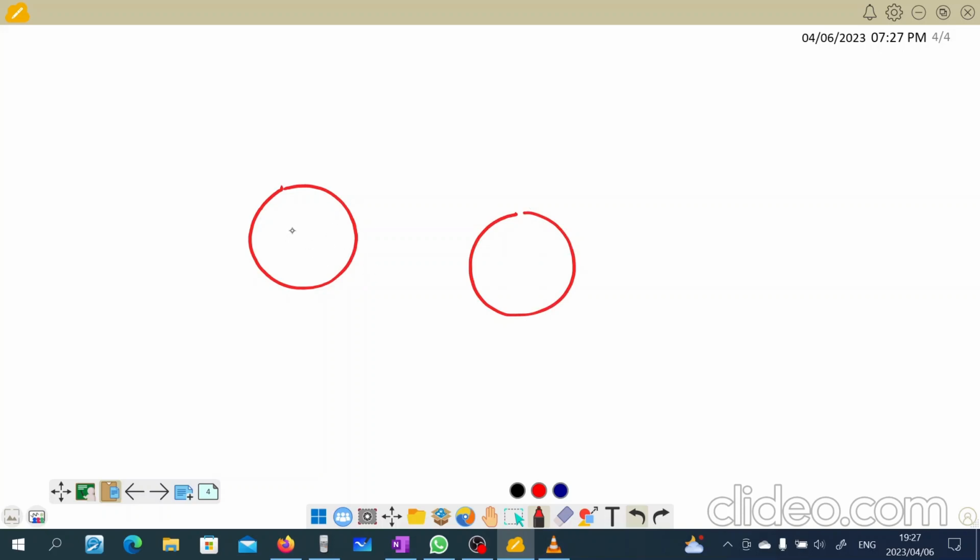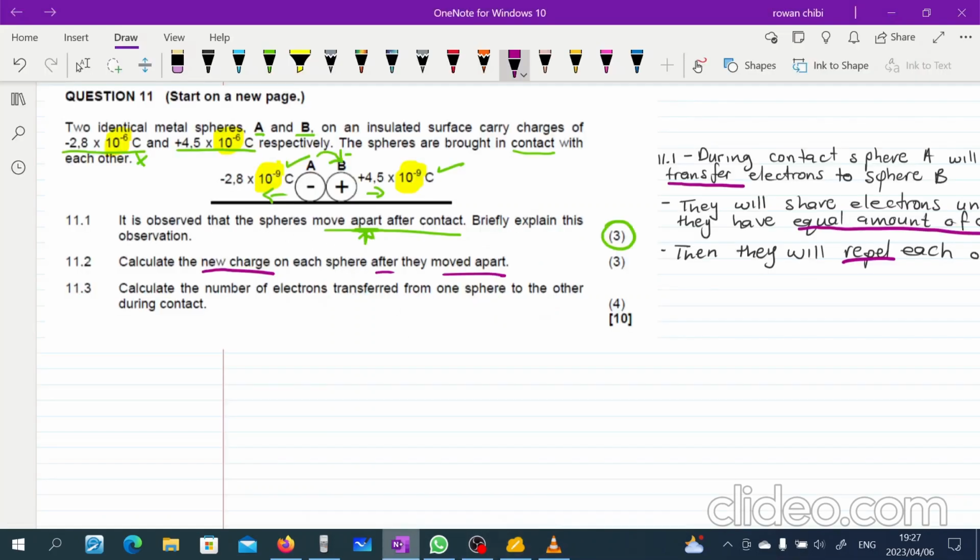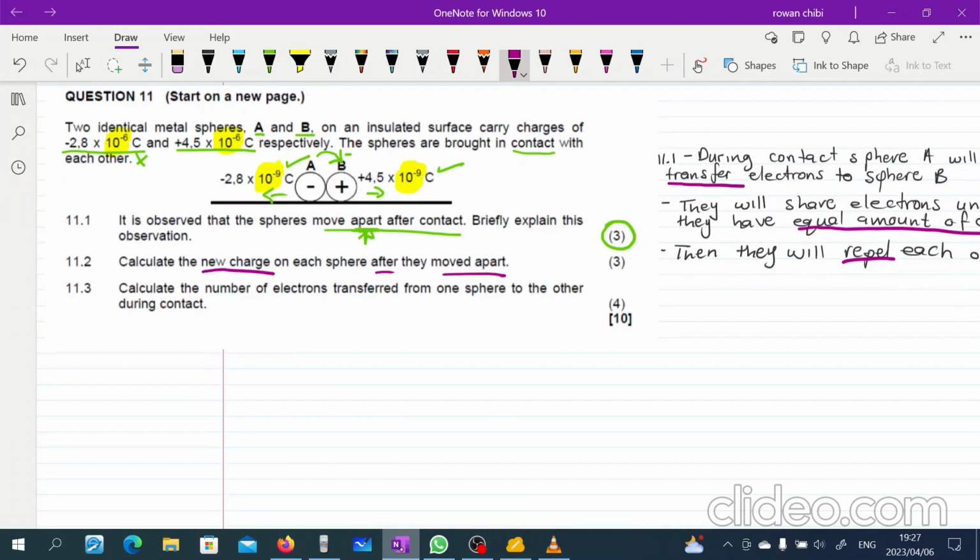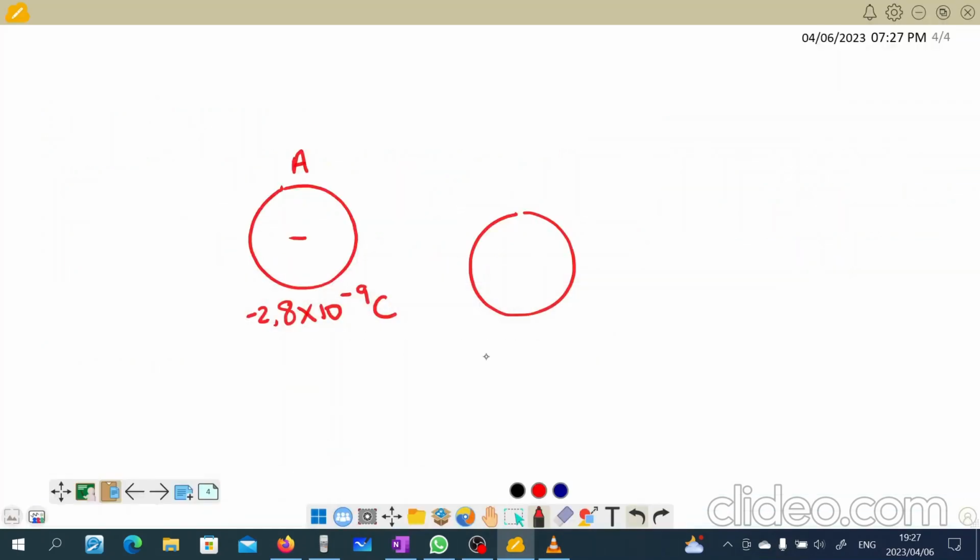So we said, yeah, sphere A was negative 2,8. Sphere A is negative 2,8 times 10 to the power negative 9 coulombs. Then sphere B is positive 4.5 times 10 to the power negative 9 coulombs.